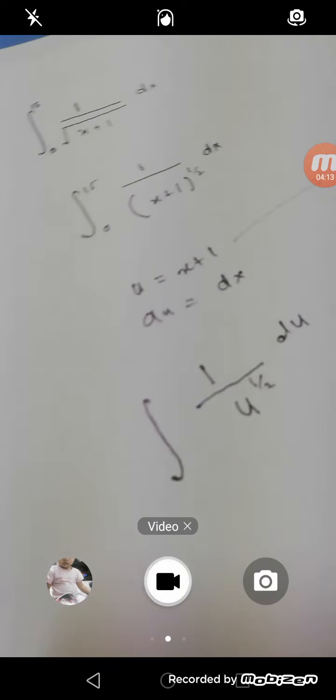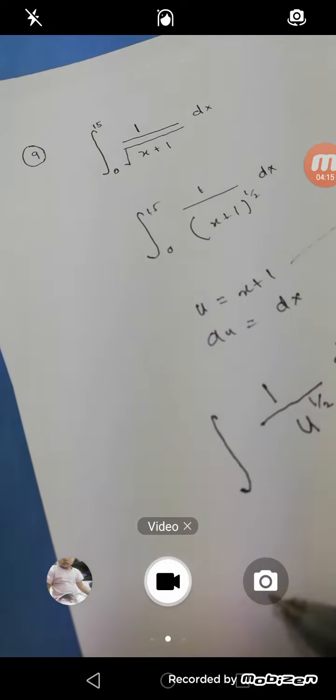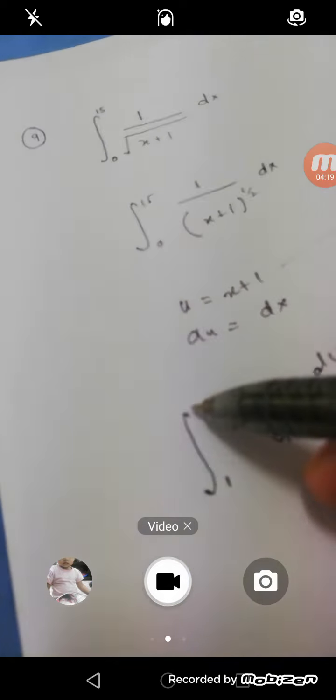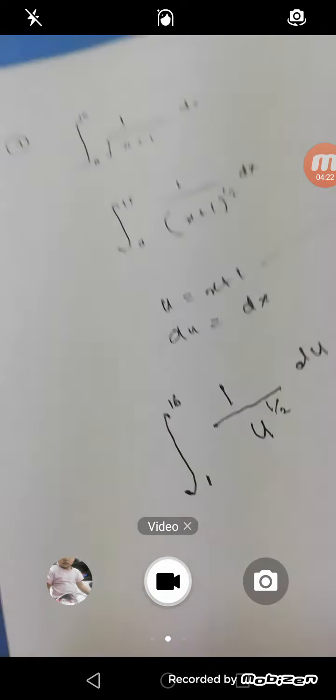Based on the arrangement, the limits are supposed to be 1 and 16.